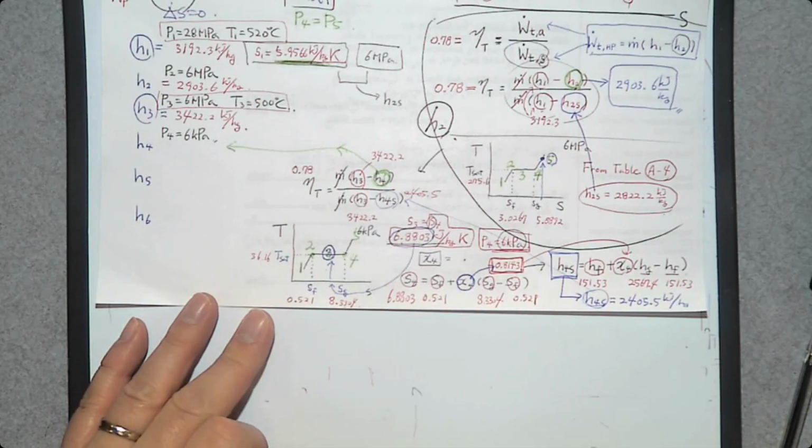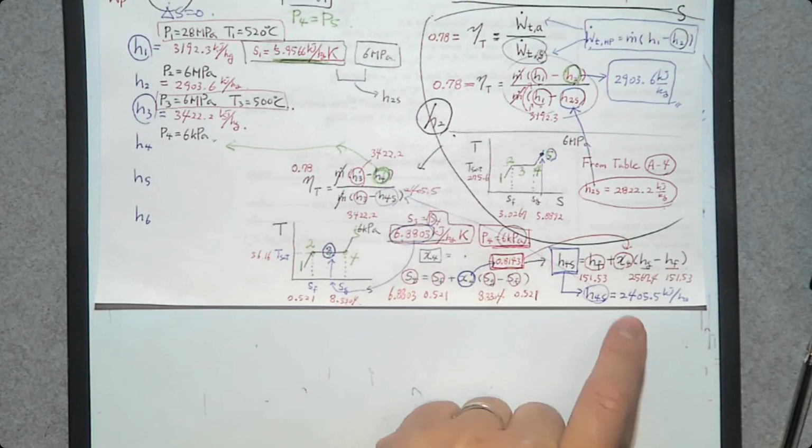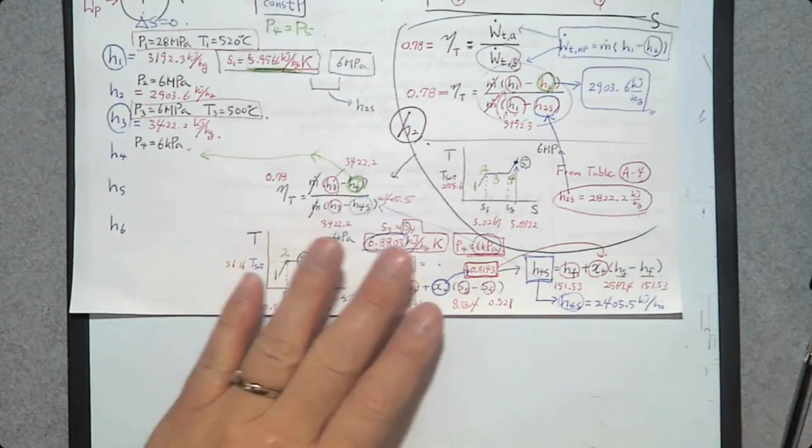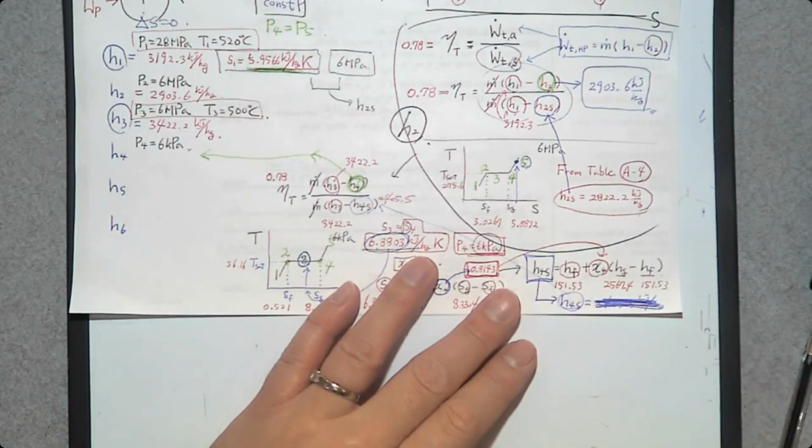I'm sorry, I made a mistake. This H4S is not this value. H4S is 2118.8.